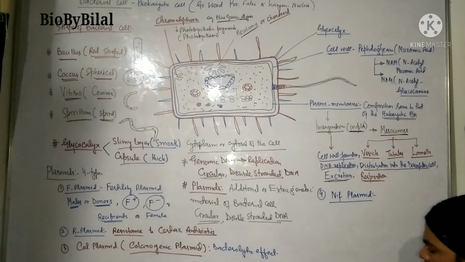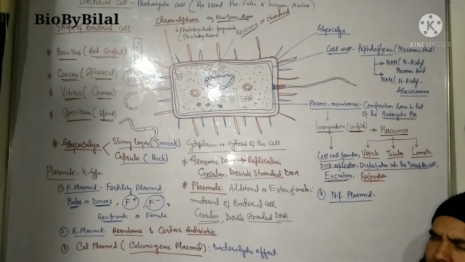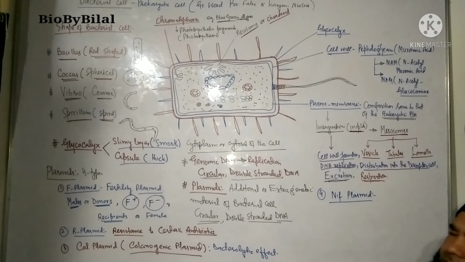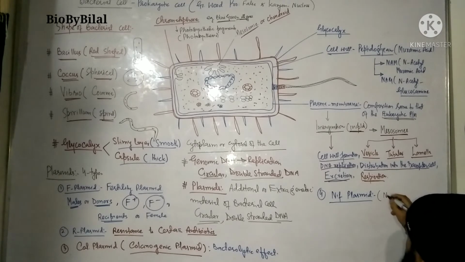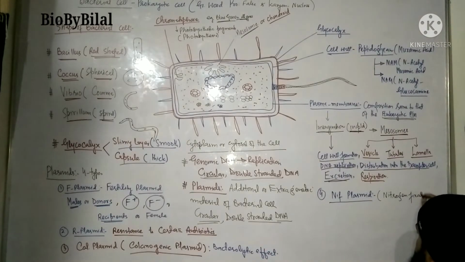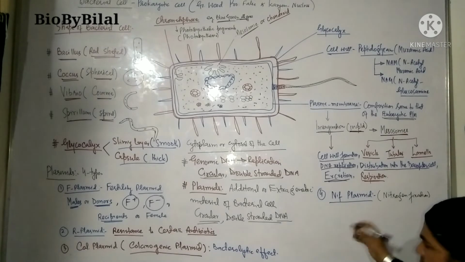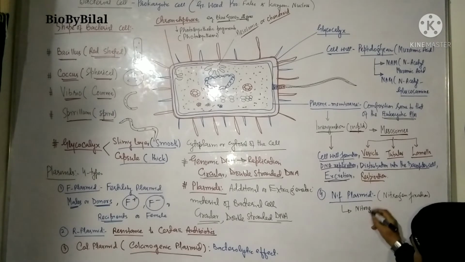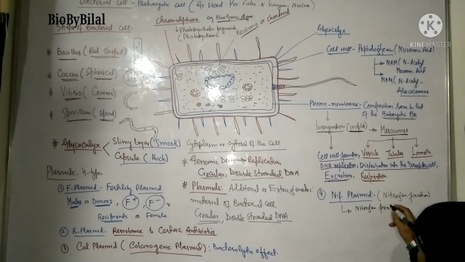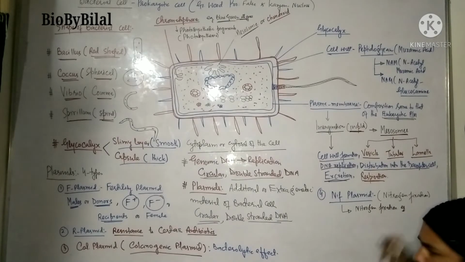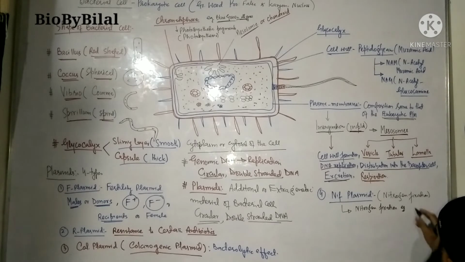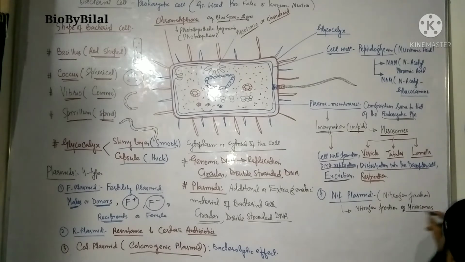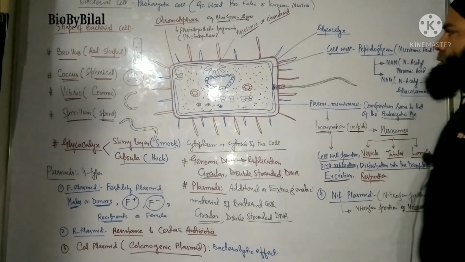That means the plasmids found in the bacteria are responsible for nitrogen fixation. NF means nitrogen fixing or fixation plasmids. So they help us in nitrogen fixation. If we take an example, Nitrosomonas. So these are the four types of the plasmids.